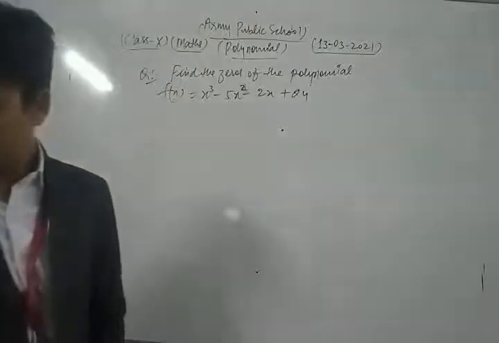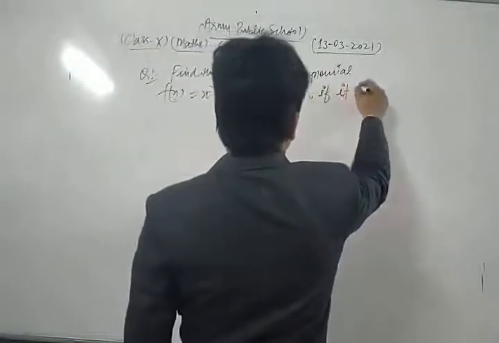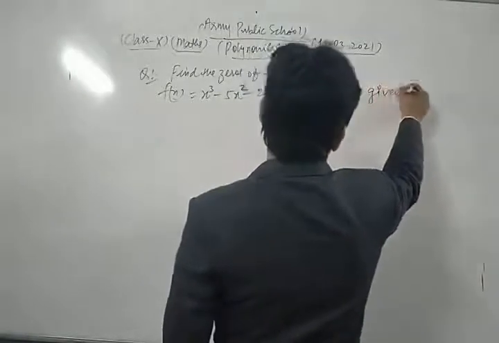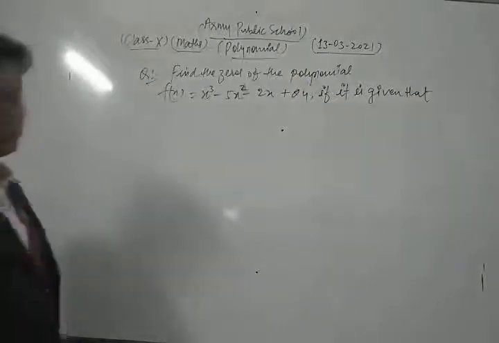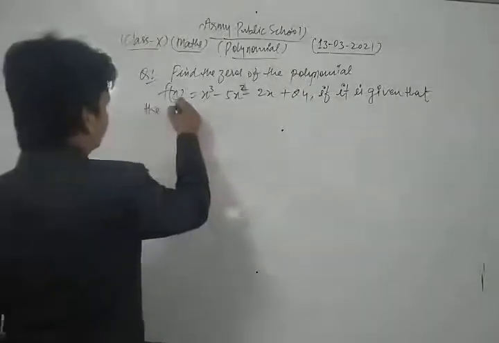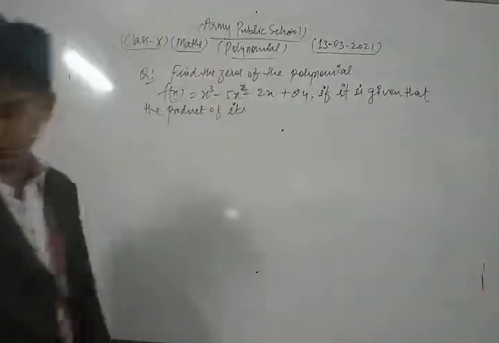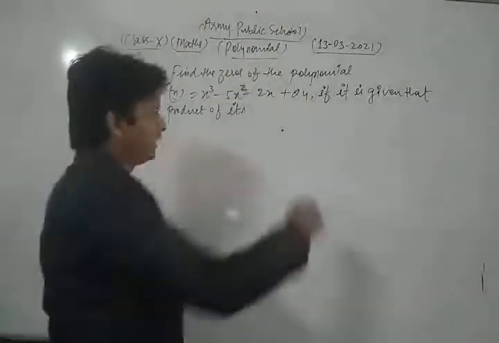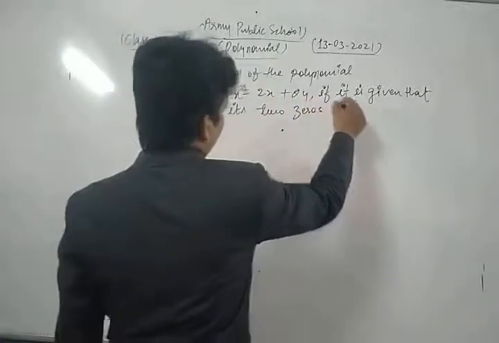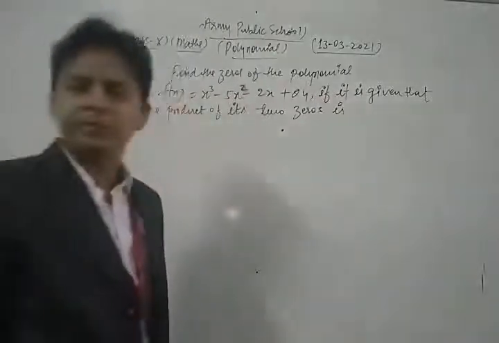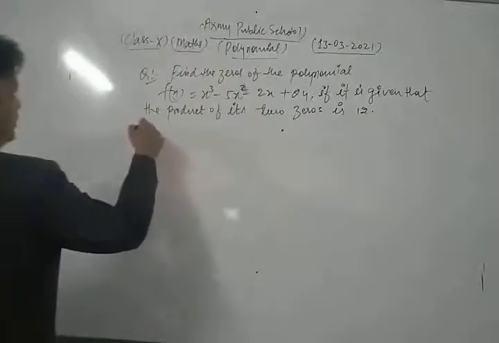Okay, it is given that the product of its two zeros is 12. Now let's see its solution.